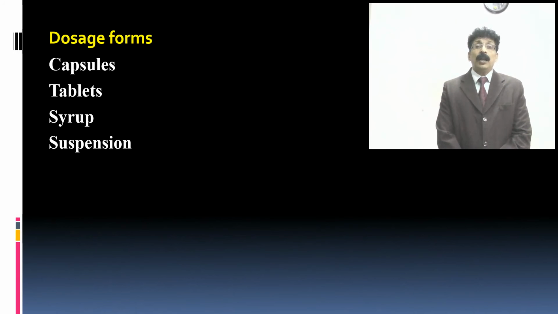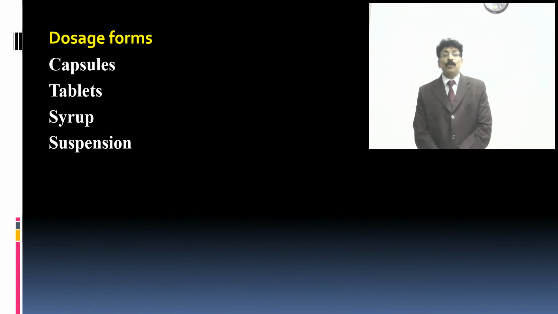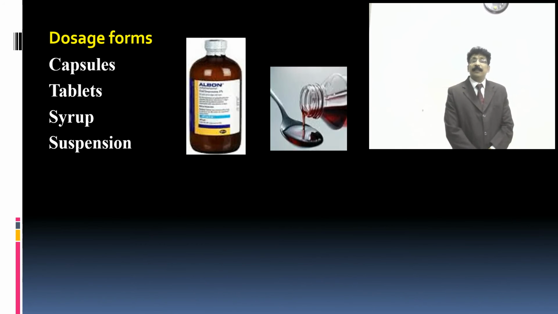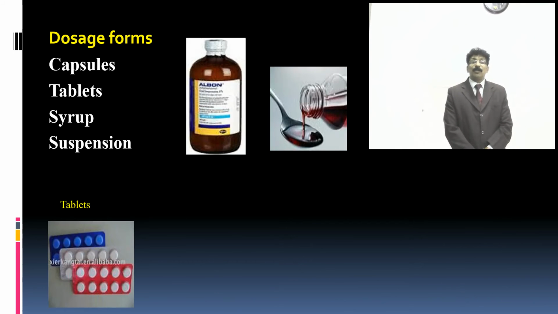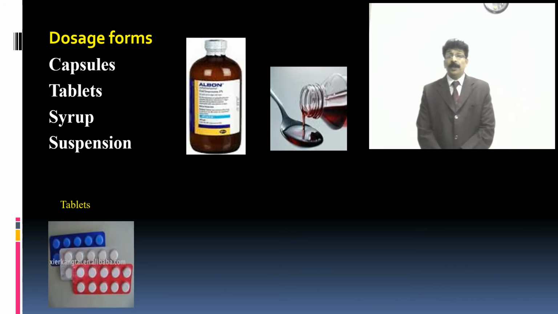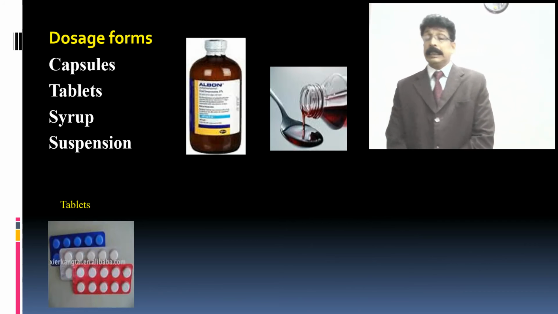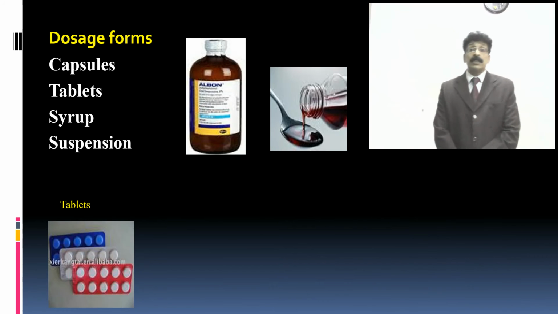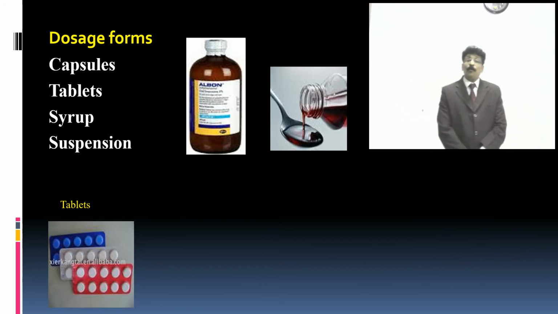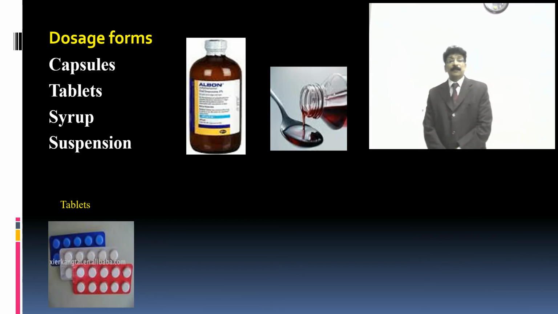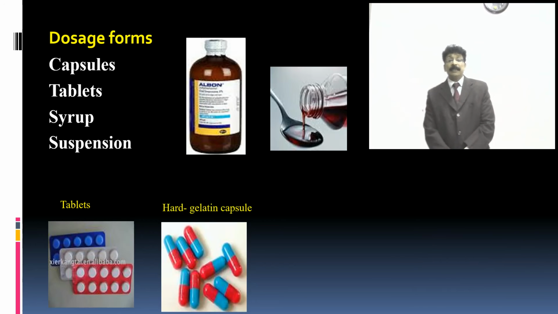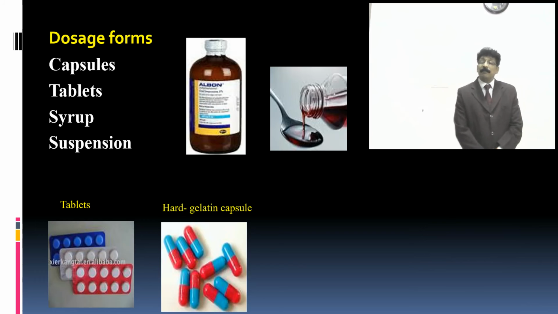Dosage forms: you can see capsule, tablet, syrup, suspension. It's just a picture I want to show, so that initial pharmacy students, medical students or paramedical students, who will know these from the home, still should know syrups, tablets, blister packing, and normal aluminium foil packing is also available.